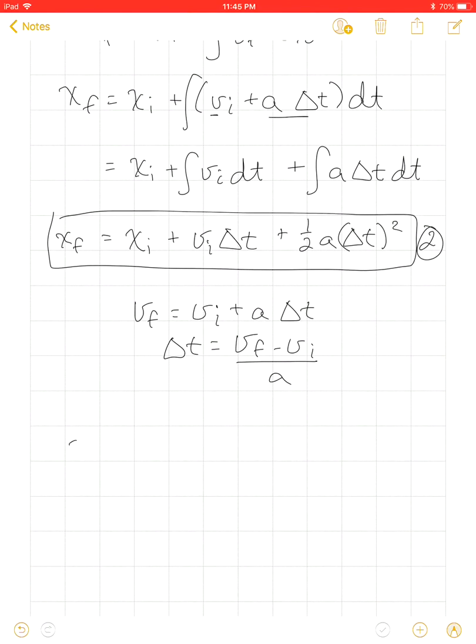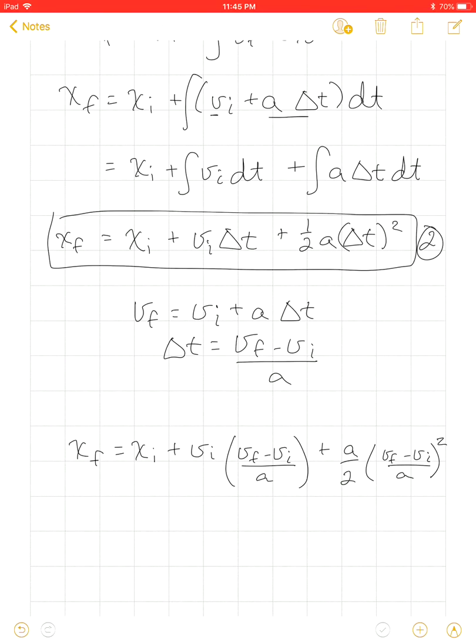Okay, so I'm going to have the final position is equal to the initial position plus the initial velocity times v final minus v initial over a, plus a over 2 times v final minus v initial over a, and that's going to be squared.